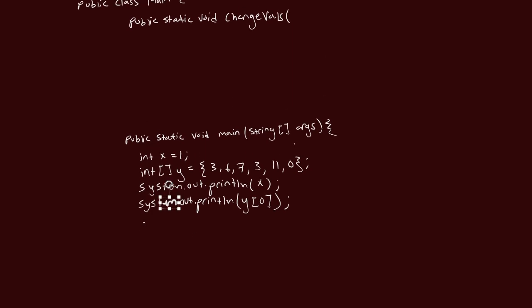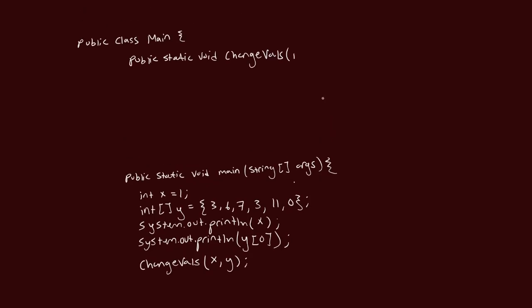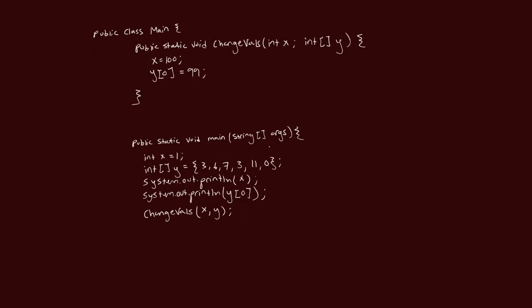So I'm going to do change vals, pass an x here, and pass in y here. Up here it has to be int x, and then int square bracket y. Now in here, I'm going to set x to be 100, and I'm going to set y square bracket 0 to be 99. Then I'm going to close it off there.